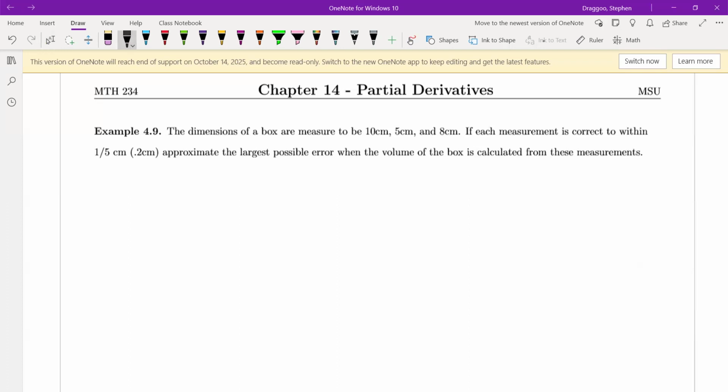So first, let's figure out our target volume. Our target volume is going to be 10 times 5 times 8. Which is, in this case, 400? 400 cubic centimeters?